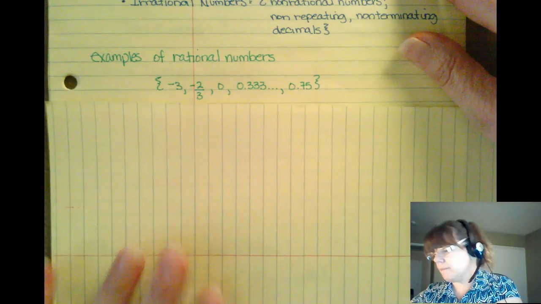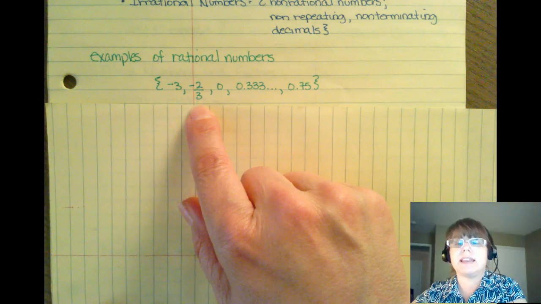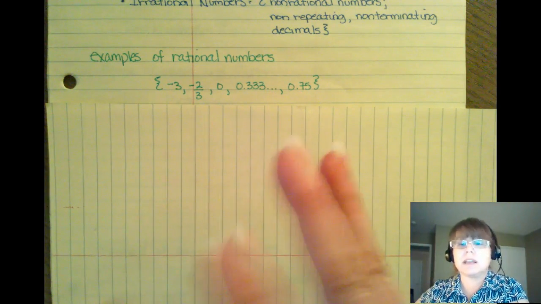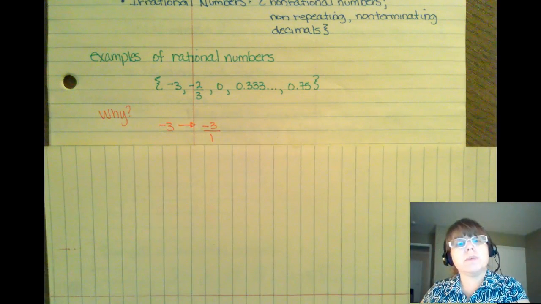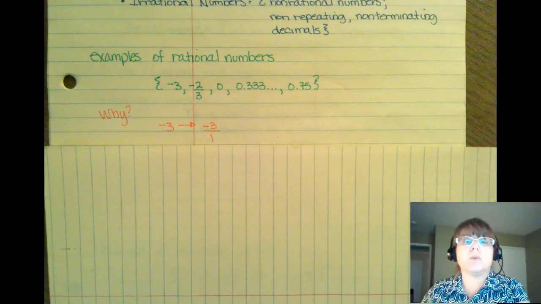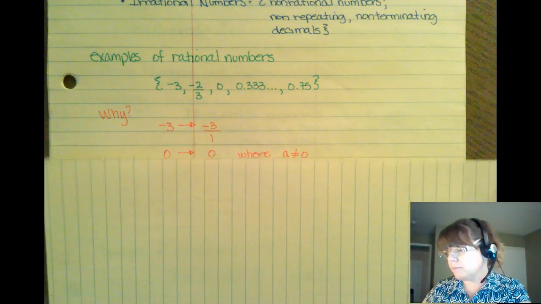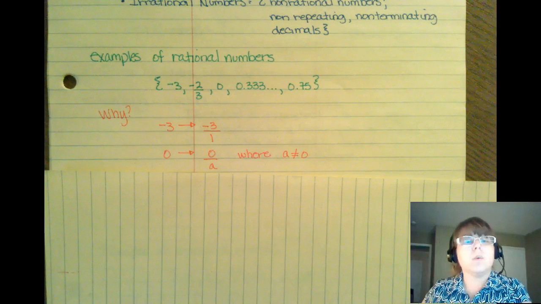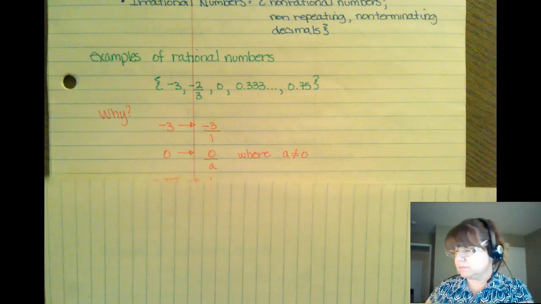Well, let's see why. We don't seem to have a problem with the -2/3 because that is in that a over b, and it could be negative numbers, so that's okay. So why is that? -3 we can write as -3 over 1. Hey, fits definition, we're good. 0 we can write in any fraction where, as long as b is not 0, a can be 0 and it still fits our definition.